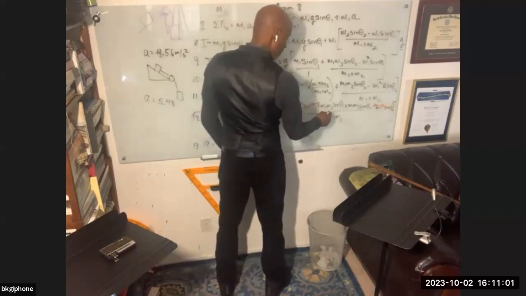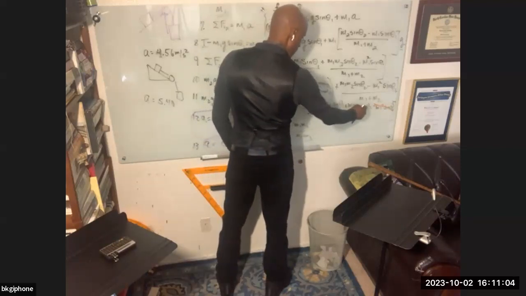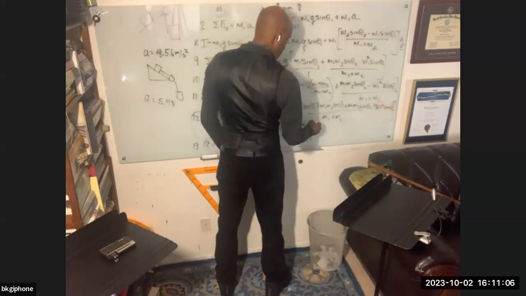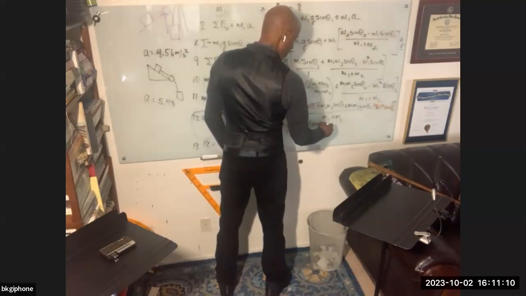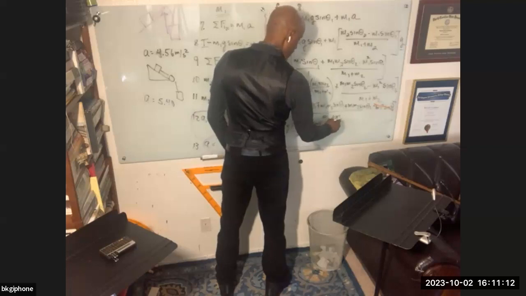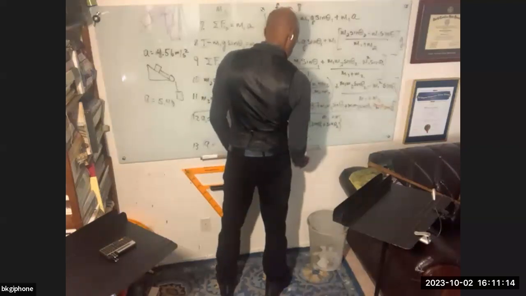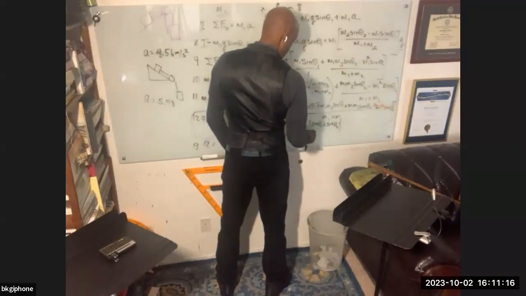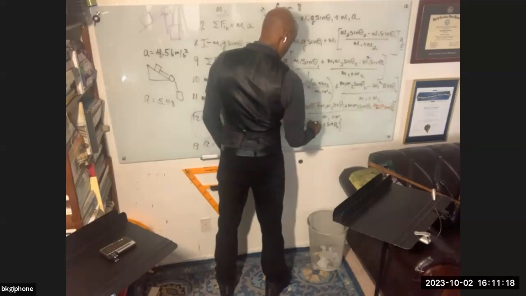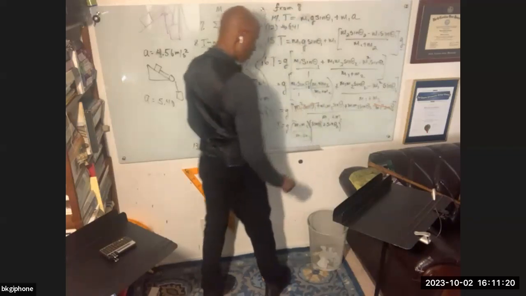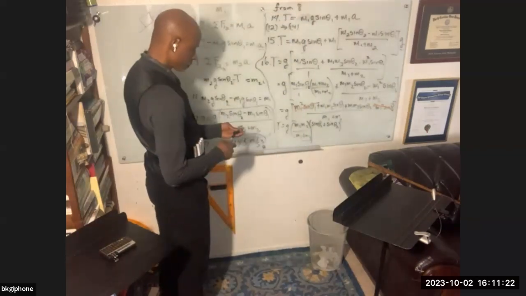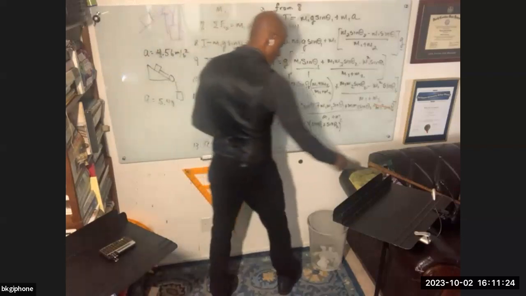Now I'm left with sine theta 1 plus sine theta 2, and it's a factor. So sine theta 1 plus sine theta 2. And I could just go ahead and take the whole thing out, and that's my solution. You write it down a little bit more.